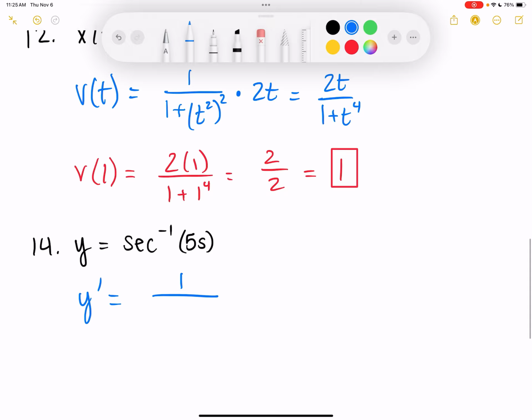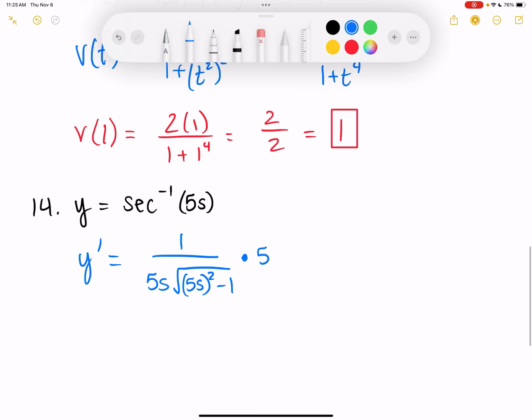So anyways, we'd have 5s, and then the square root of 5s squared, and then minus 1. And then ultimately, I also have a chain rule, so the derivative of the inside would just be 5. So I'm going to end up with 5 over 5s times all of this, so the 5s are going to cancel.